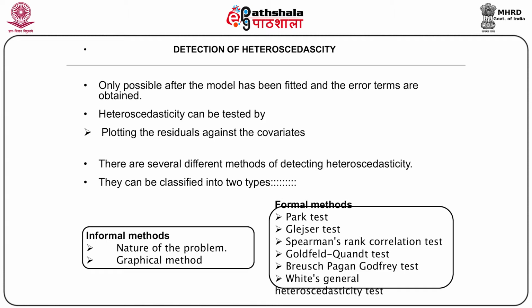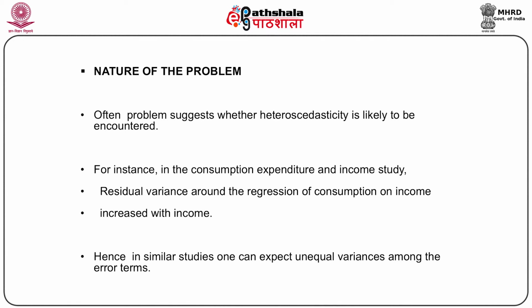Under formal methods of detection of heteroscedasticity, we have a number of quantitative methods, some of which are the Park test, Glejser test, Spearman's rank correlation test, Goldfeld-Quandt test, Breusch-Pagan-Godfrey test, and White's general heteroscedasticity test. Now let us discuss the informal methods of detecting heteroscedasticity in detail.